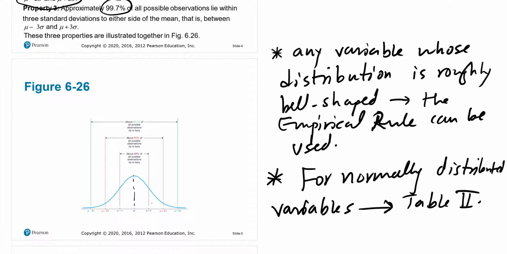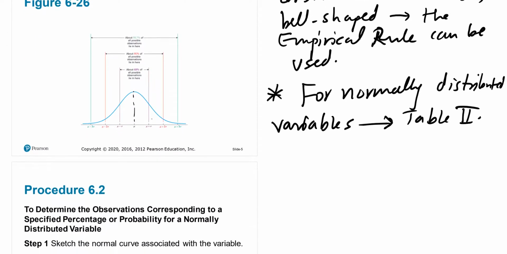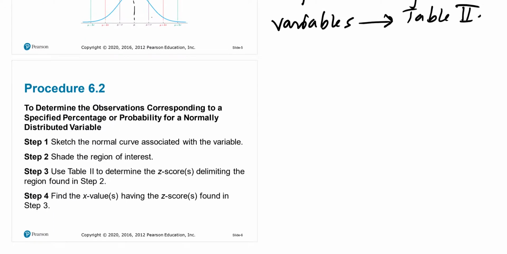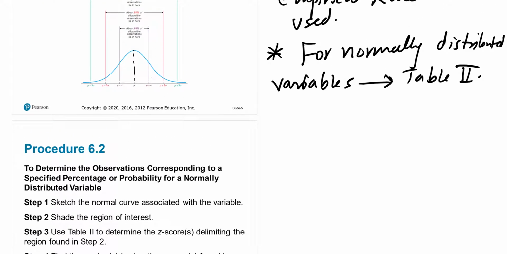Now, what do we need the empirical rule for? We can go back and solve the same example, the IQ example, where the mean was 100 and the standard deviation was 16.